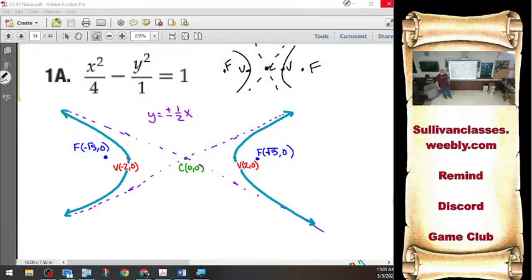When I say proportional, if that has a slope of plus or minus 1/2 for my asymptotes, then I expect to see a ratio of about 1 to 2 for your asymptotes. Okay?